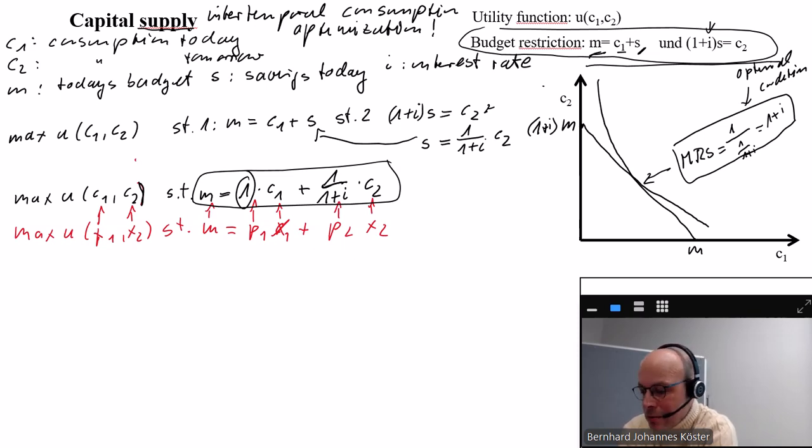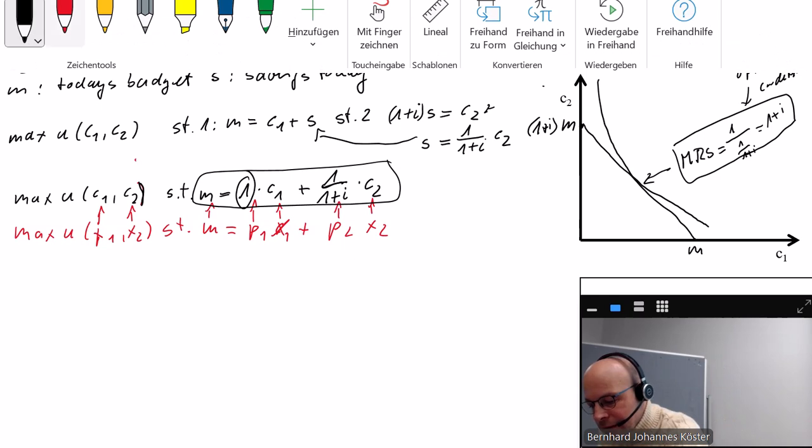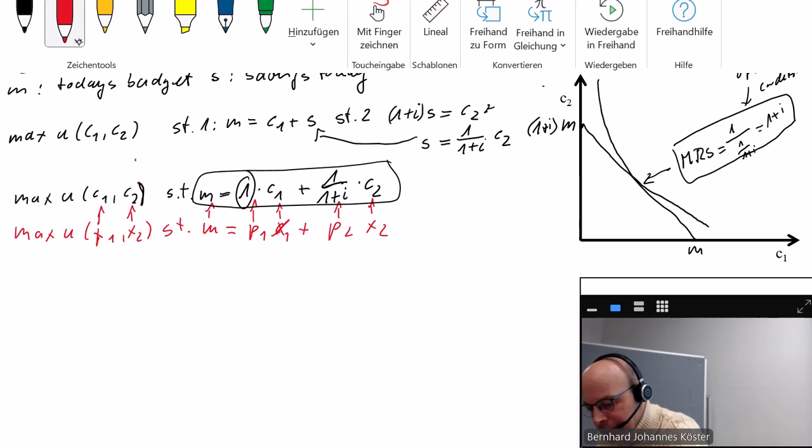And now I want to derive capital supply. So how does capital supply depend on a change in the interest rate? Let's do this in green.